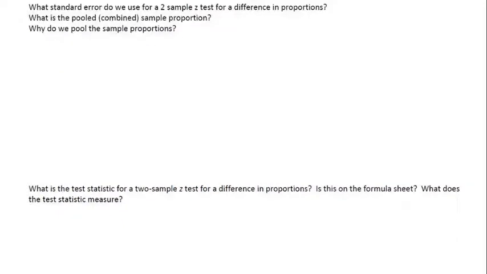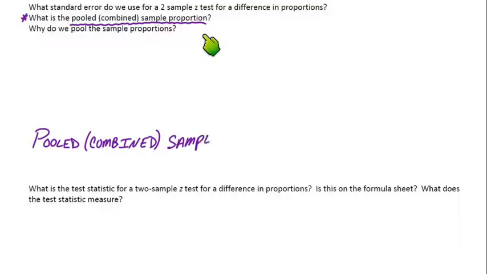So the next part here says, what's the standard error that we're going to use? And then what's this pooled sample proportion, and why do we pool the sample proportions? So I'm actually going to start there. We have this thing called a pooled, or you could call it a combined, sample proportion. When you think of pooling things, like if we pool our money, that means we put all our money in one group together, so maybe we can make a bigger purchase.